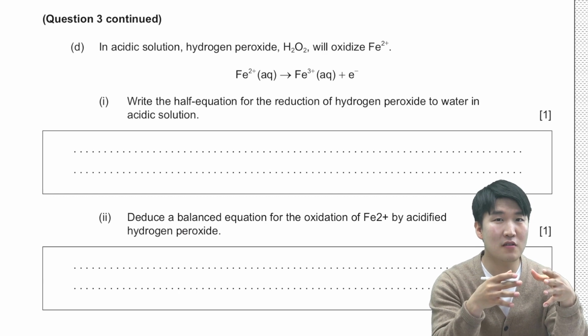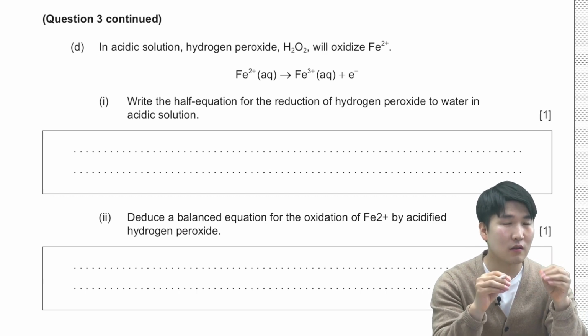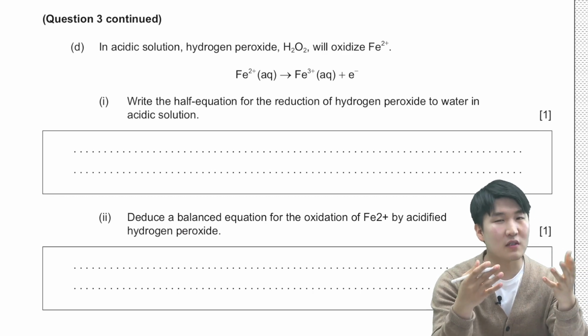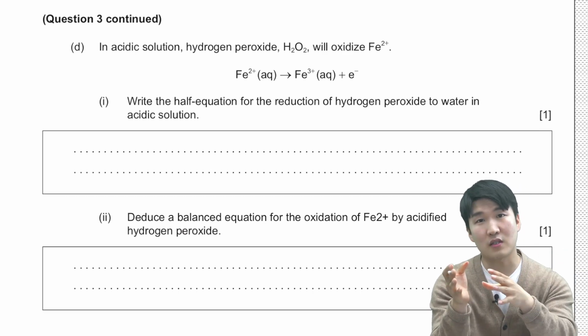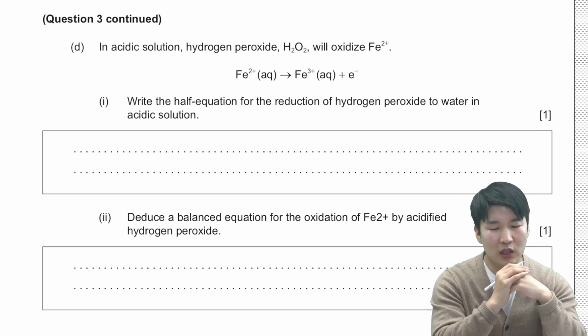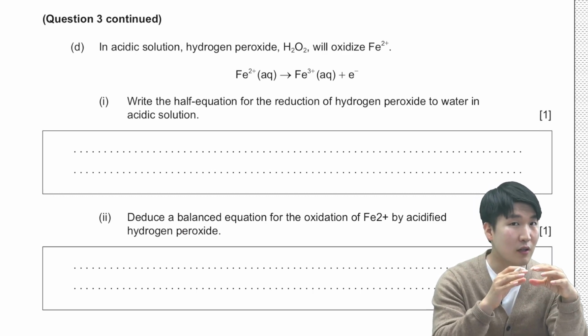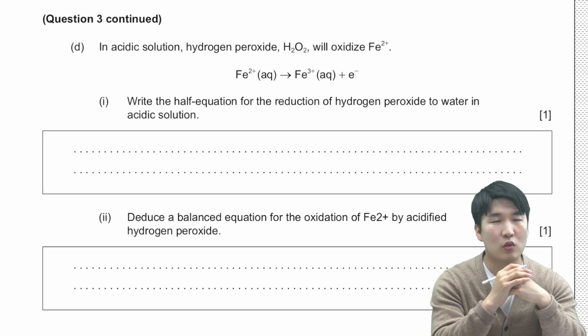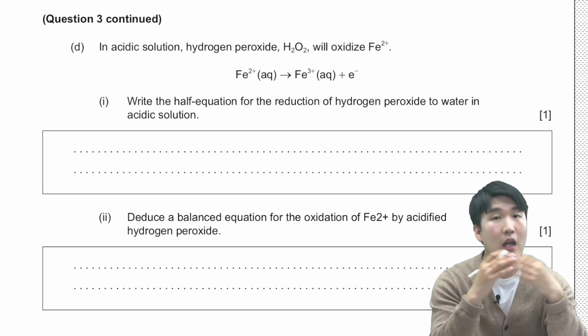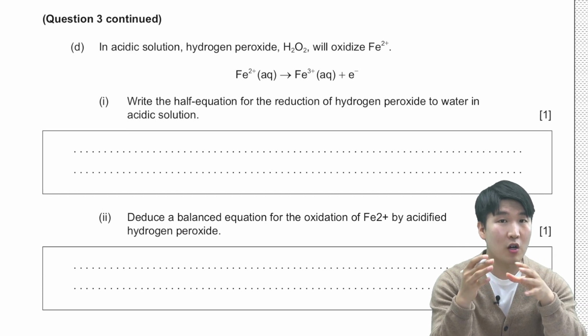Balancing the oxidation half equation, easy. All you have to do is add an electron or two, or even sometimes three on the product side. Reduction, not so simple. Not only will we have to add electrons, but also water to match the number of oxygens, and H+ to match the number of hydrogens.